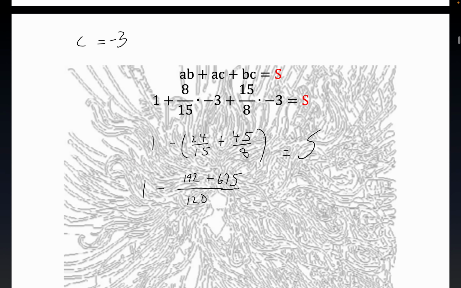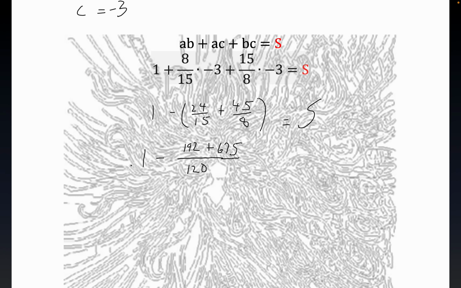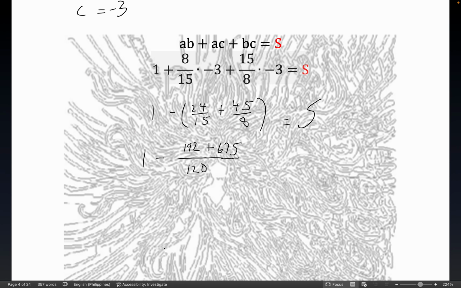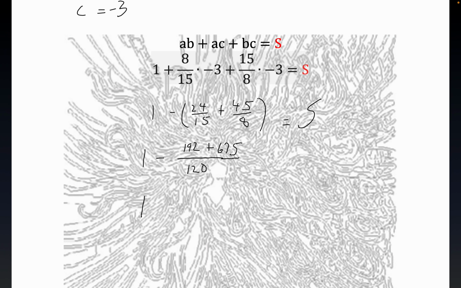Okay, so let's keep on sliding down here. So that would be 1 minus 867, excuse me, when you add these up, right? So that's 867 over 120.